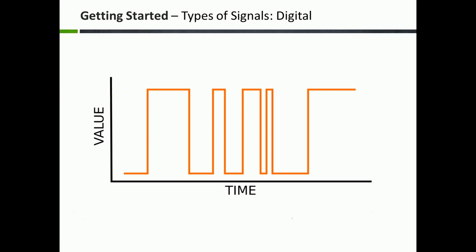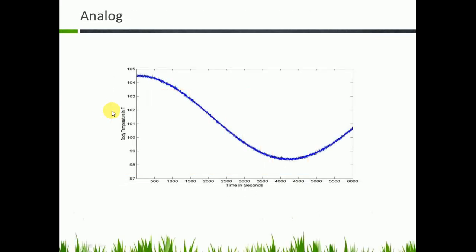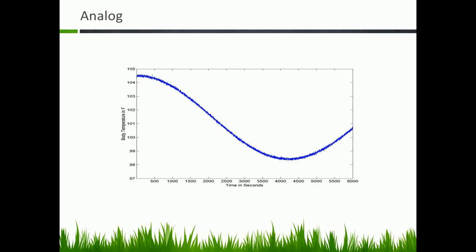But the important take from this particular diagram is that a digital signal has fixed levels which a signal can take. As opposed to this, let's see this signal, which is an analog signal, where the body temperature, which is represented on the y-axis, is measured in terms of time. Now, this is an analog signal, and as you can see, for any given time instance, the signal can have any possible value between these limits.